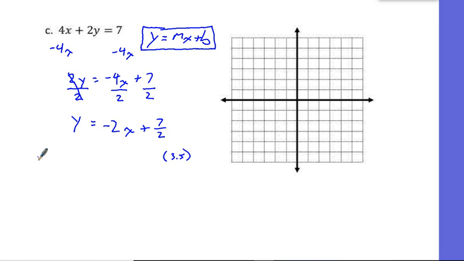The directions asked us to find the y-intercept, so that is the b value, or 7 halves, and the slope, which is negative 2 over 1.